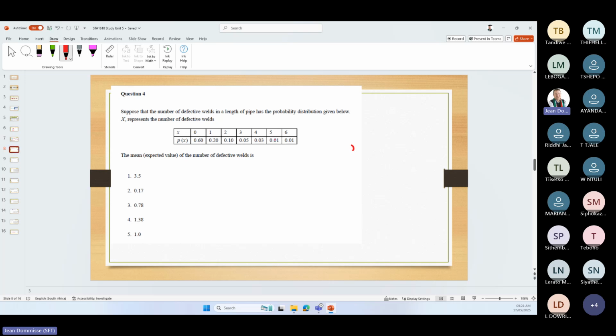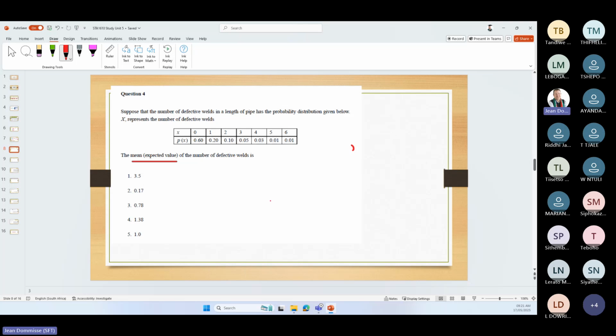Okay, so again, the same type of question. We get the discrete distribution, and then they ask us in this one, work out the mean, the expected value. So now it's not about any of the probabilities that you need to work out.